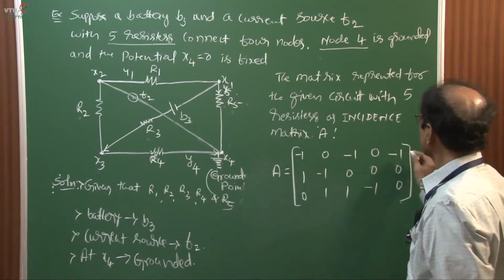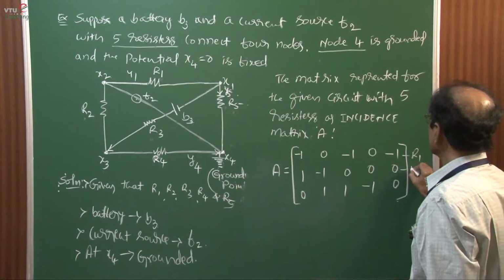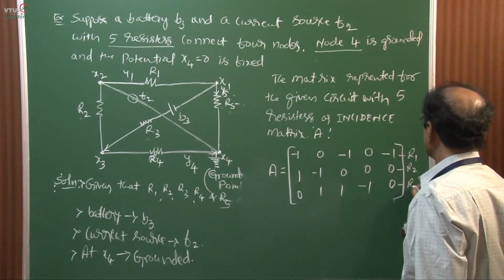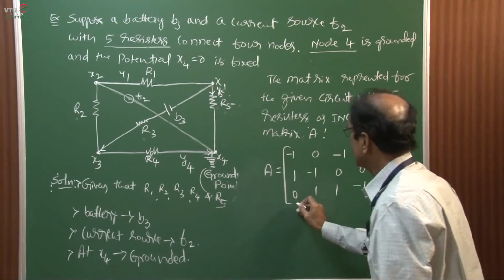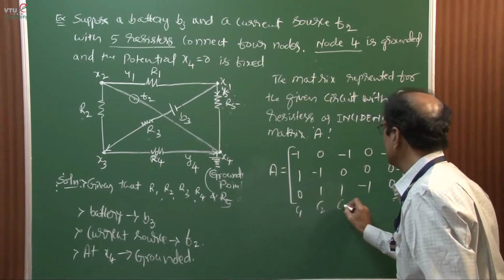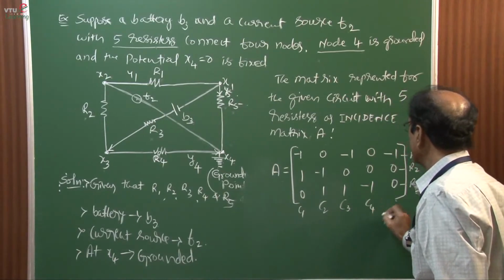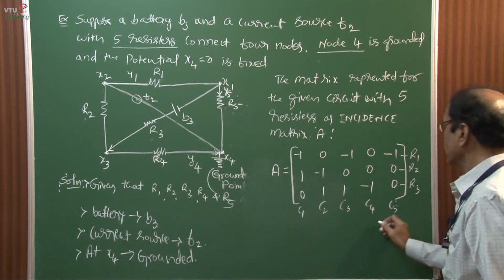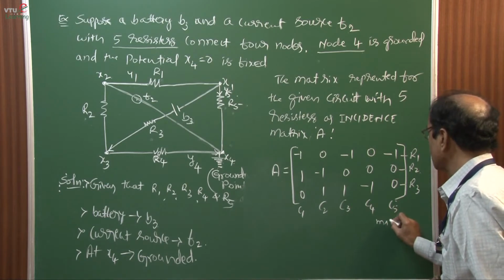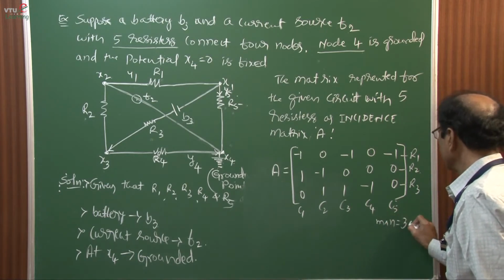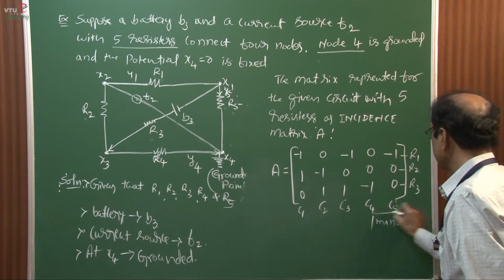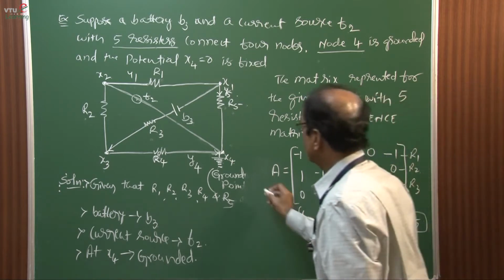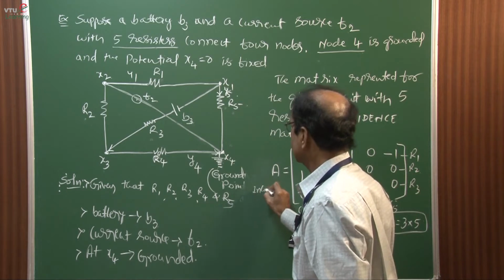This is 3 rows, row number 1, row number 2 and row number 3. That is column number 1, column number 2, column number 3, 4 and then column number 5. That is m rows and n columns. That means m cross n is equal to 3 rows and 5 columns. This is the matrix. This is called the incidence matrix.